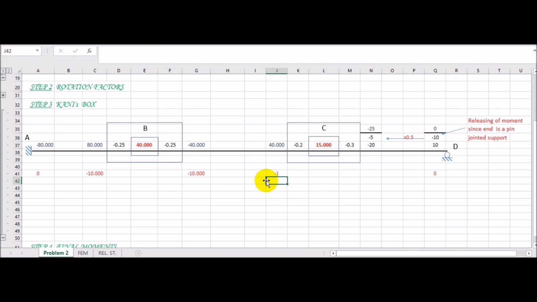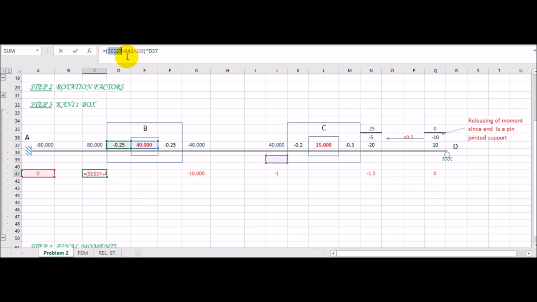This is my iteration value of CB. Now I'll find the iteration value of CD. It is equal to summation moment plus latest iteration value of left support, that is this, plus latest iteration value of right support, that is 0, into my rotation factor for CD. I get the iteration value of CD.